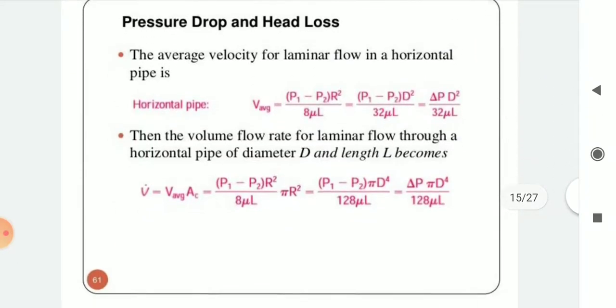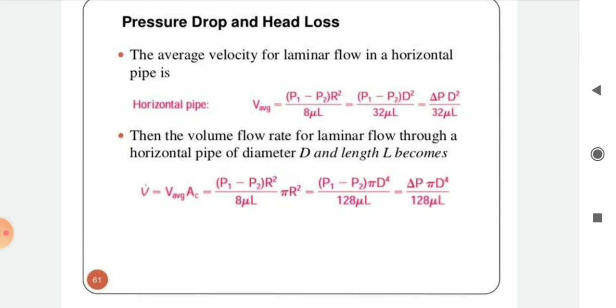The average velocity for laminar flow in a horizontal pipe is V_avg = (P1 − P2)R²/8μL = (P1 − P2)D²/32μL = ΔP D²/32μL.